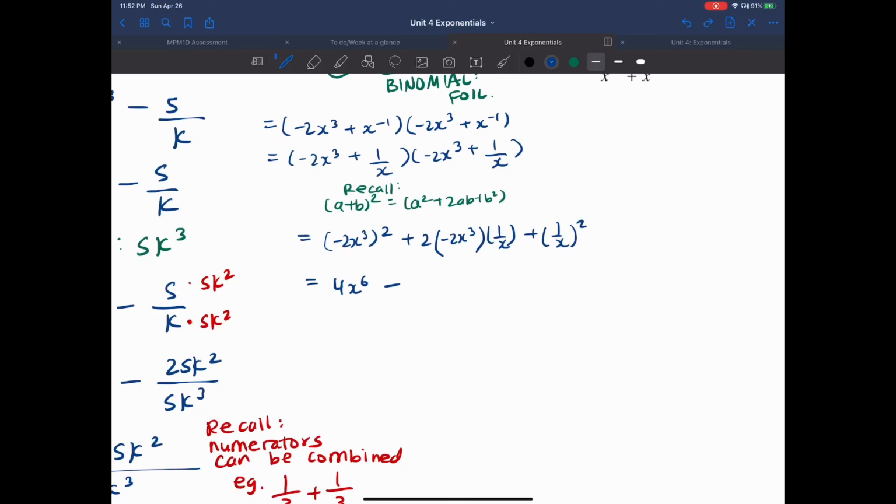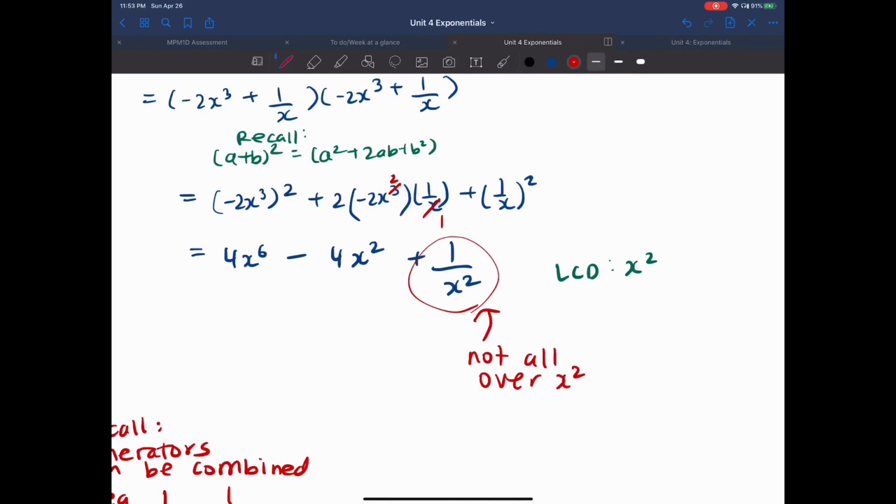So I'm going to write -4, and then x cubed divided by x is x squared. And then plus 1 over x squared is equal to 1 over x squared. Just be careful that you realize that that is not all over x squared.